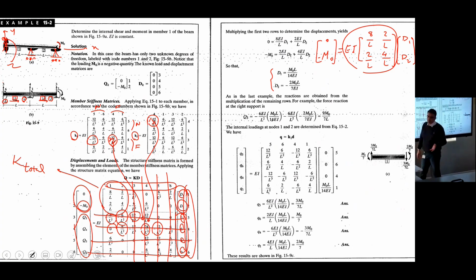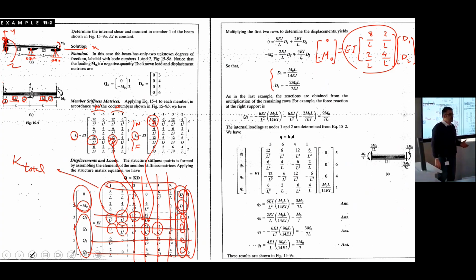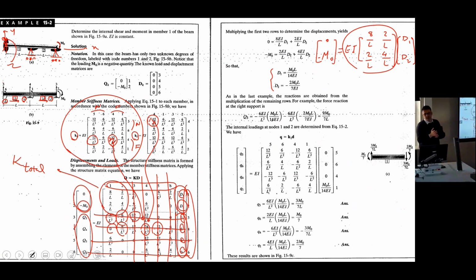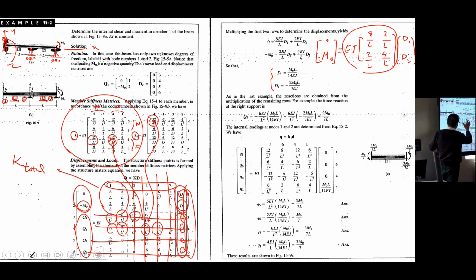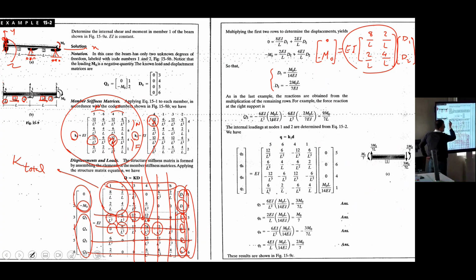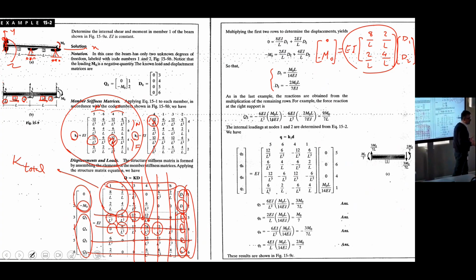And the last, not least, if you are interested in calculating the internal forces for each element, just go a little bit further back, here, where you calculated the individual stiffness matrix for each element. So this matrix multiplied by D5, D6, D4, D1 will give you a vector of 4 near end and far end internal forces of element number 1.